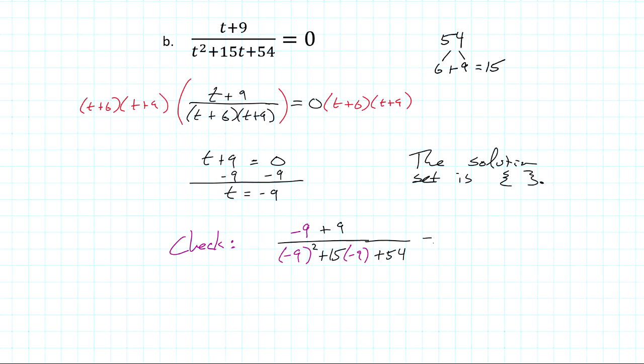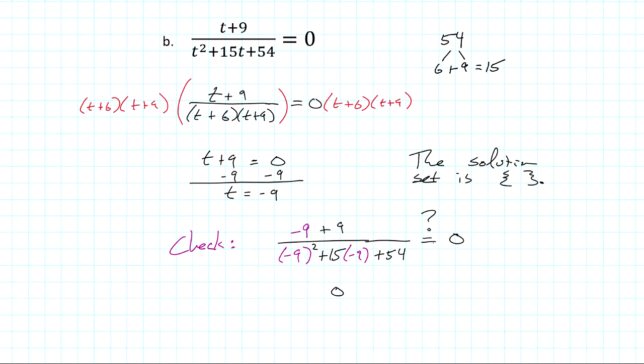So I'm doing this in the not factored form, just the original, because it's always nice to check in the original form just in case we made a mistake along the way somewhere. And then this all equals 0, and that's really what we're asking. Does this equal 0? Are we going to get a true statement when we plug in negative 9?